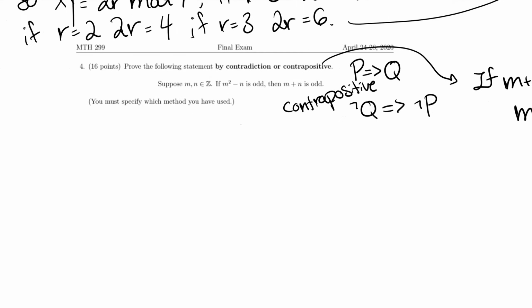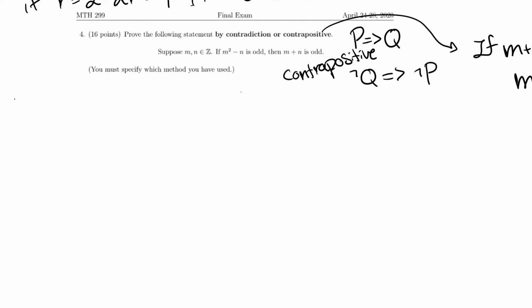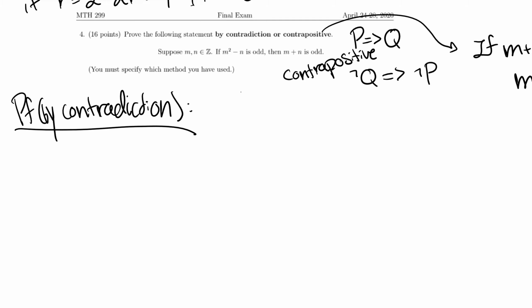I'm probably going to go by way of contradiction because that's my favorite. Proof by contradiction. I'm going to assume the negation, and hopefully you know what the negation of an if-then is.